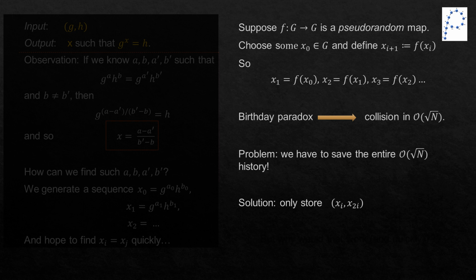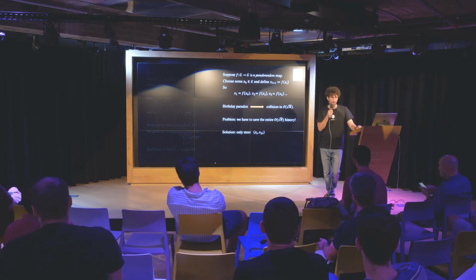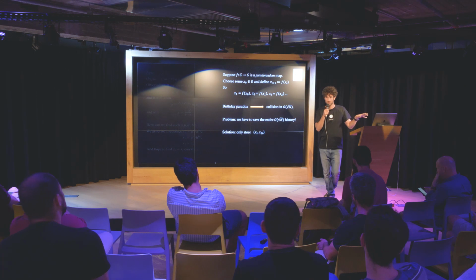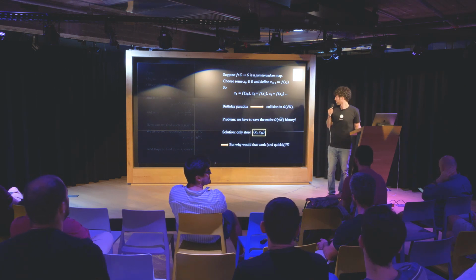Instead of storing the entire sequence, at any point in time, we only remember x_i and x_2i. If those are equal, great, we solve discrete log. If those are not equal, then we throw them away and we observe the next pair.